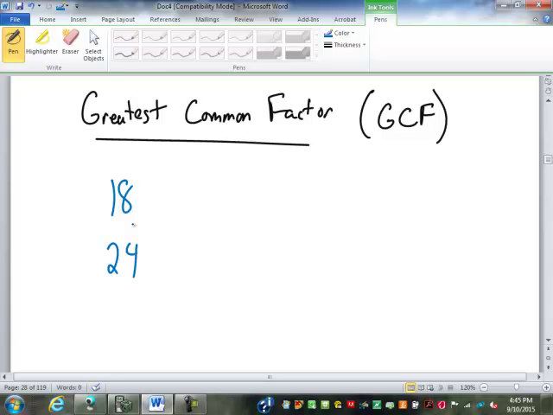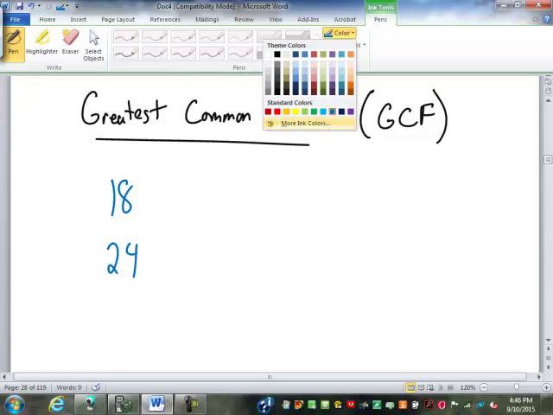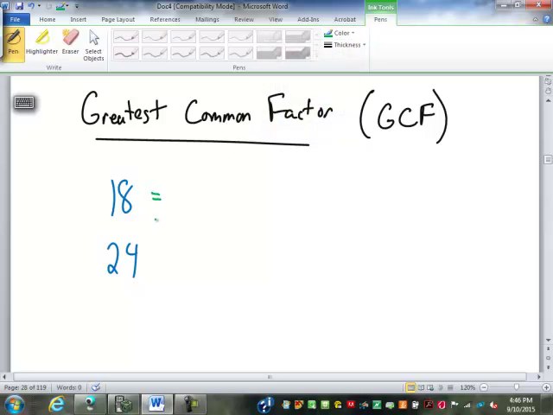The greatest common factor is saying, look at all those common factors and find the largest one. Now, I could list out all the factors of each of them and find the biggest one, but that might be a lot of work. But if we prime factor each number, and I'm going to assume you can do the factor tree right now, 18 would be 2 times 3 times 3, and 24 would be 2 times 2 times 2 times 3.